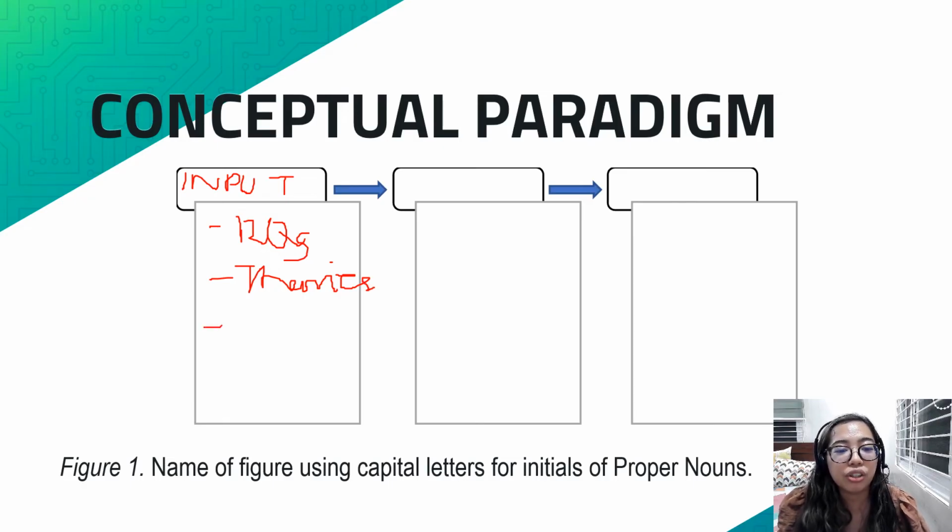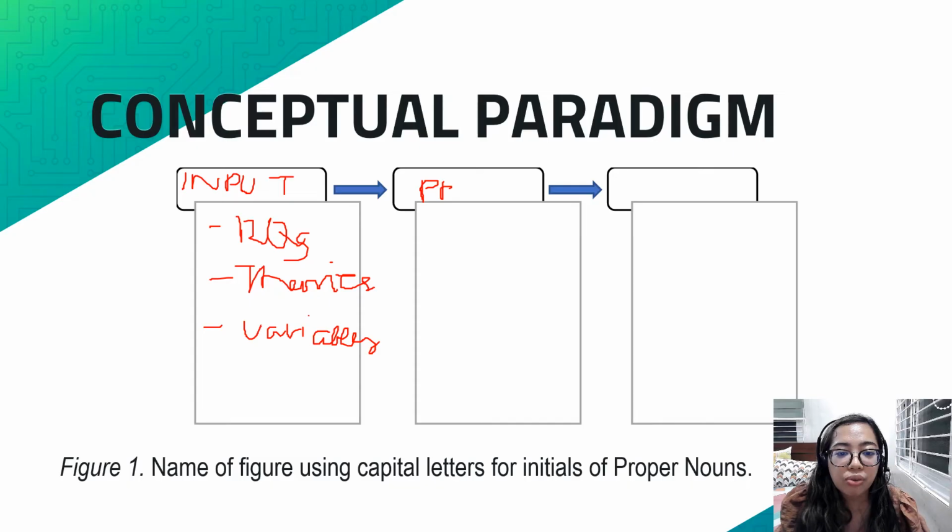And then, pwede rin dito yung mga theoretical framework or kahit anong magiging sangkap ninyo sa pag-gather ninyo ng data or pwede rin yung mga variables ninyo, research variables. Okay? Next is your process.